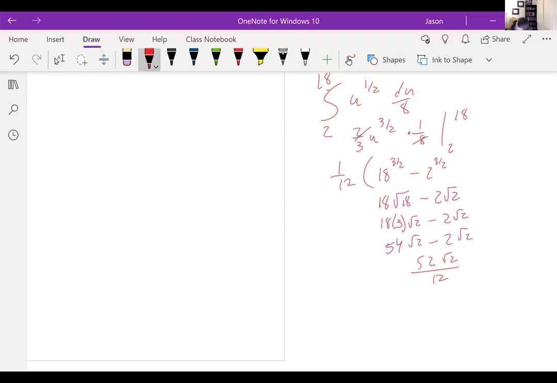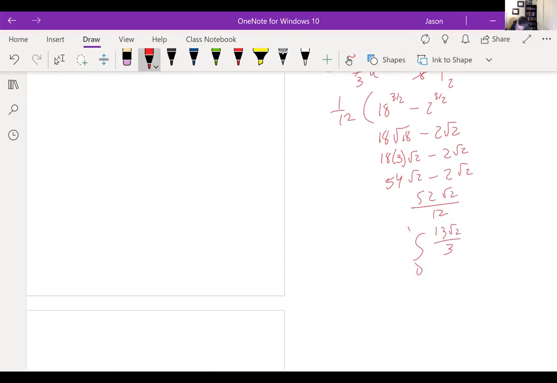Divide top and bottom by 4, that's 13 radical 2 over 3, I believe. Now I'm going to integrate that from 0 to 1 dx. There are no x's, just a number. So this is 13 radical 2 over 3 x evaluated from 0 to 1. Plug in 1, we get the same thing, 13 radical 2 over 3.